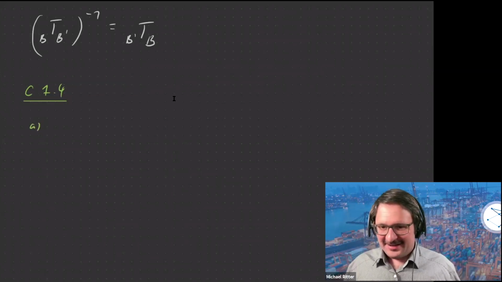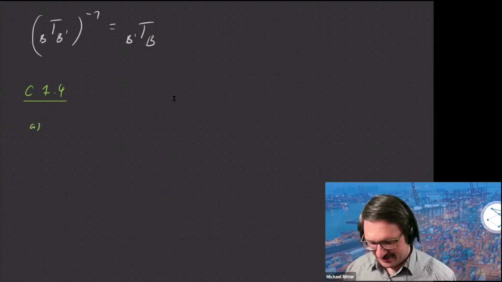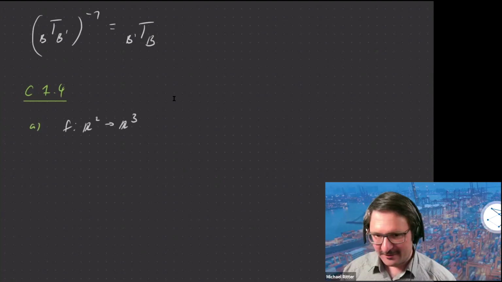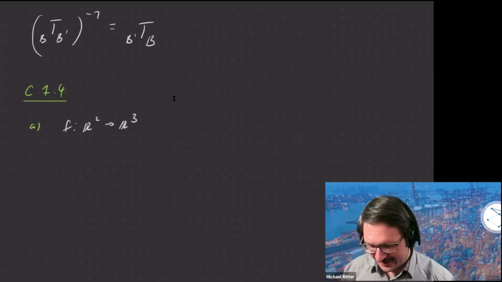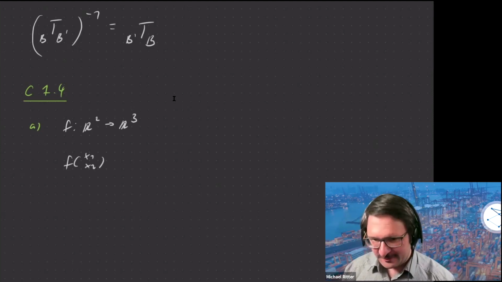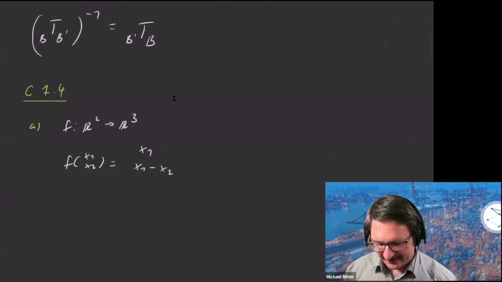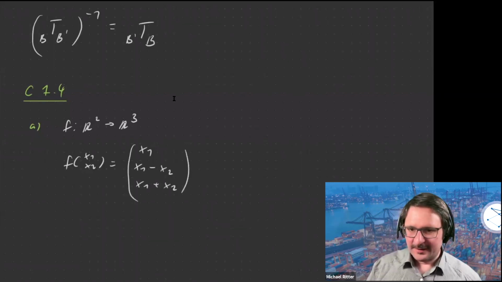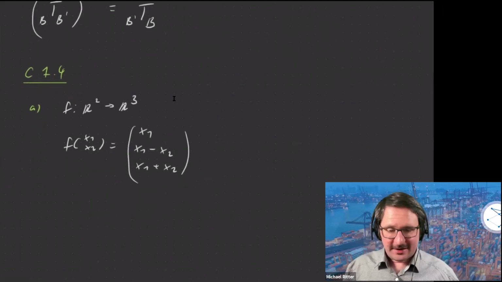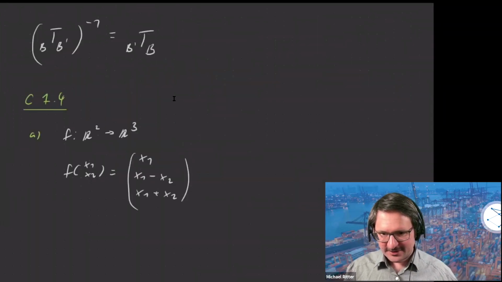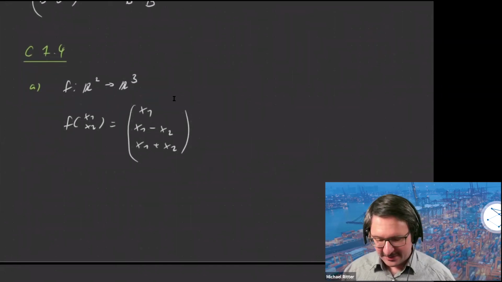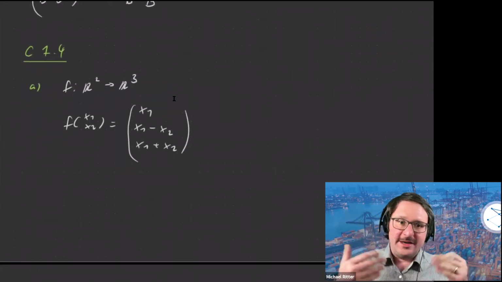Okay, so here we consider a linear mapping. Let's go to 7.4 right away. We have a linear mapping F from R2 to R3, defined as F of x1, x2 is x1, x1 minus x2, and x1 plus x2. And in part A, we also have two possible coordinate systems, one for the domain and one for the codomain. In this case, the domain and the codomain are different, so we need two different coordinate systems.